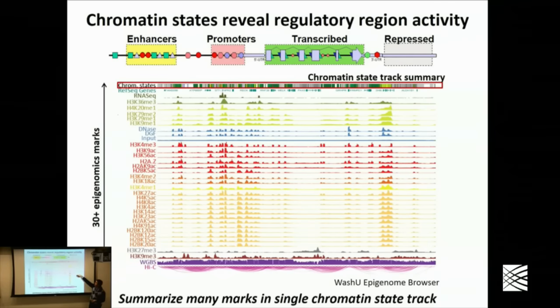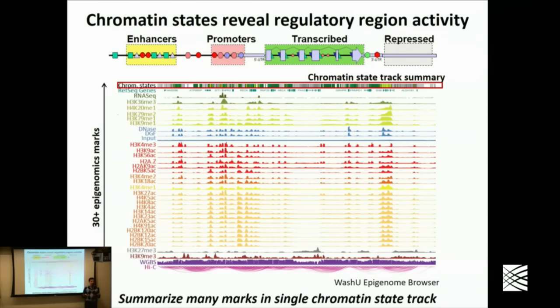Then we can call these promoters, and we color code them as red, transcribed regions in green, repressed regions in gray, and you can look at a glance at a summary of all of that, which tells you about the fact that this region has more H3K4me1 and less H3K4me3, rather than dealing with a single mark at a time. It deals with multiple marks at a time.